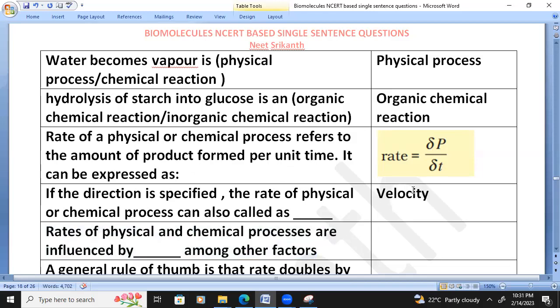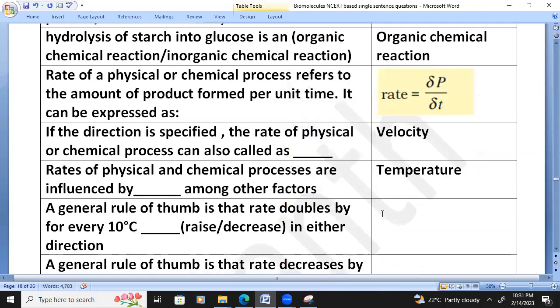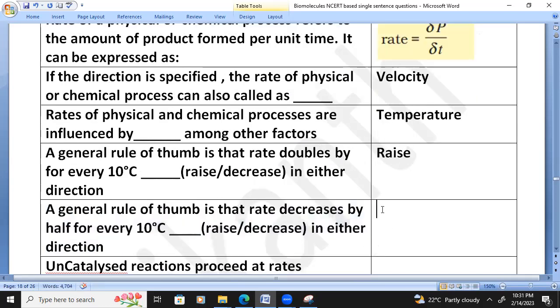Rates of physical and chemical processes are influenced by temperature. A general rule of thumb is that rate doubles for every 10 degrees temperature rise, or decreases by half for every 10 degrees centigrade decrease, in either direction.